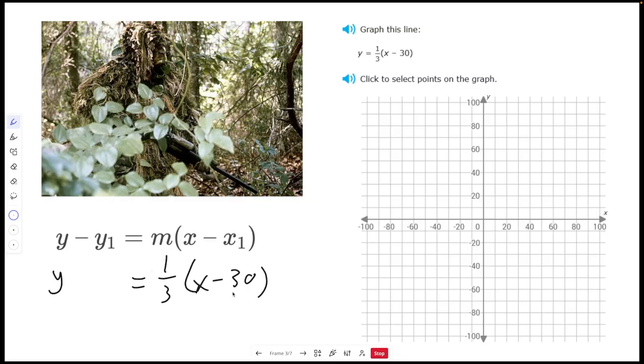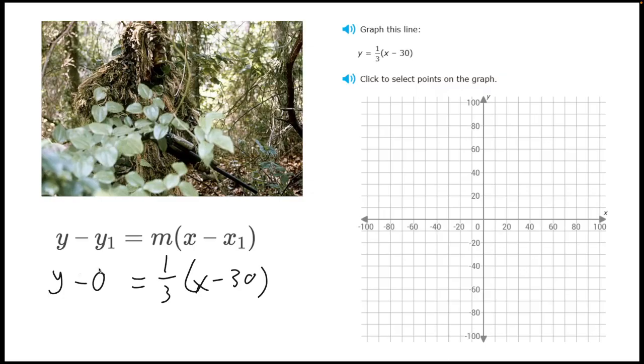But they're missing a number right here. What is this number? The answer is it's a 0. They don't put the 0 in because y minus 0, or y plus 0, is just y. So it's kind of silly to put it in.